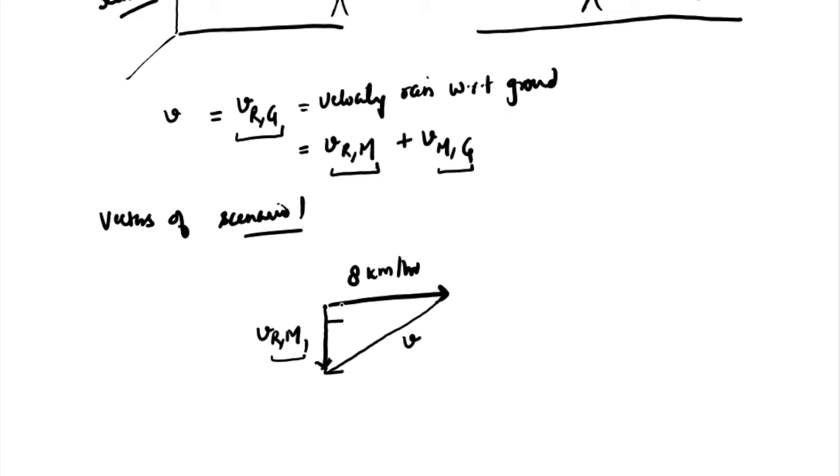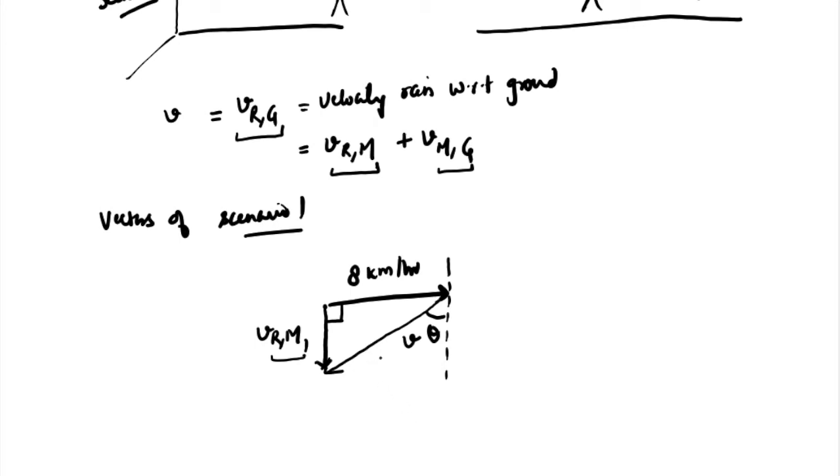And since it is falling vertically, it will be making an angle of 90 degrees, or this would be perpendicular. And let's say the velocity or the speed of the rain is at an angle theta with the vertical. So that's scenario one for us.